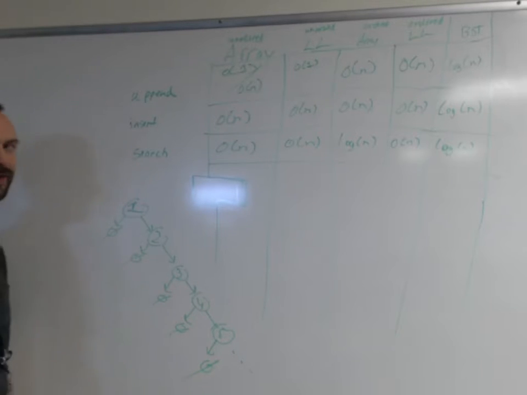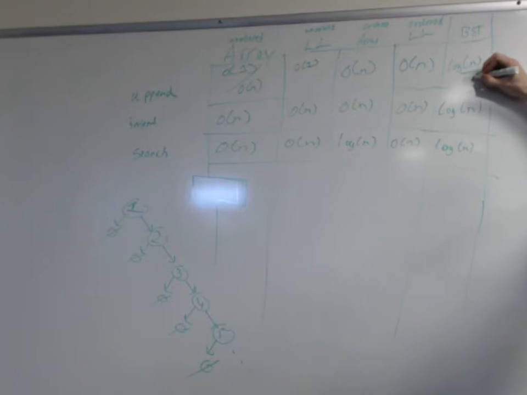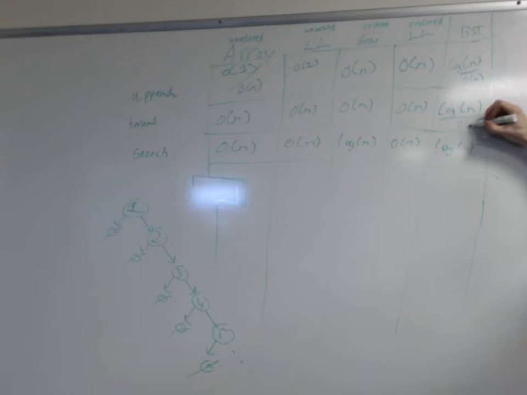If that's the case, what's the cost to append? O of n. And what's this one?